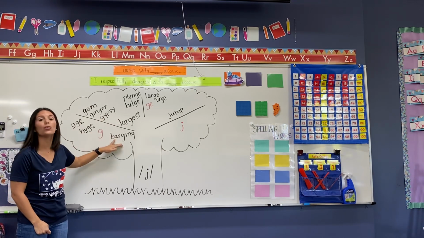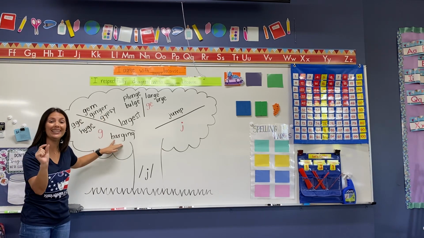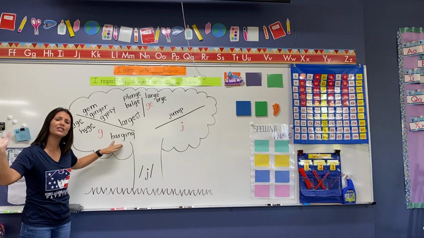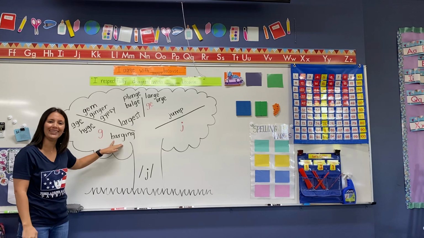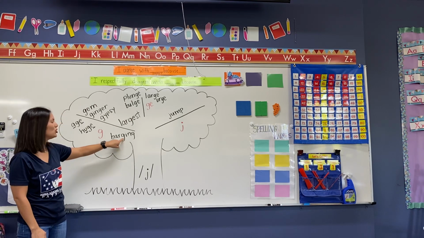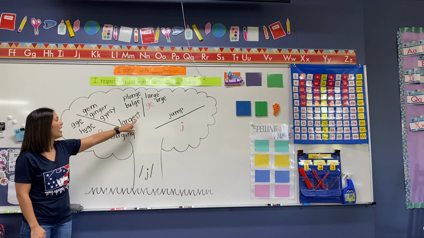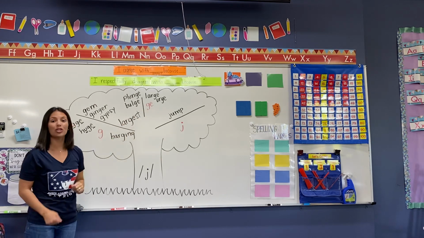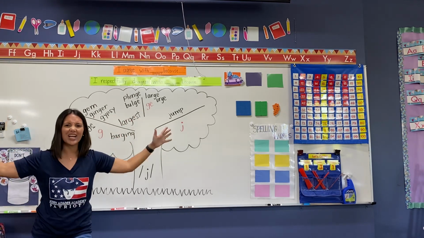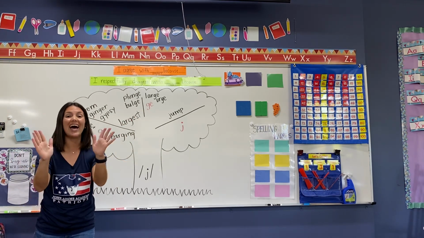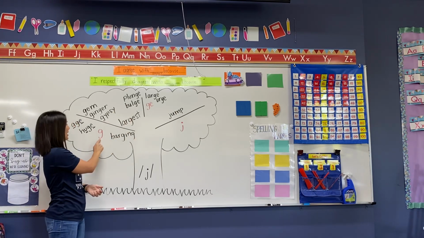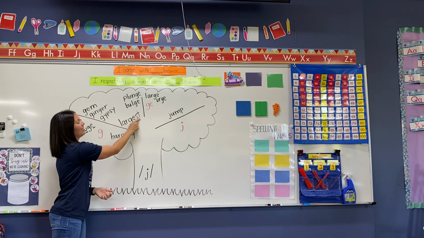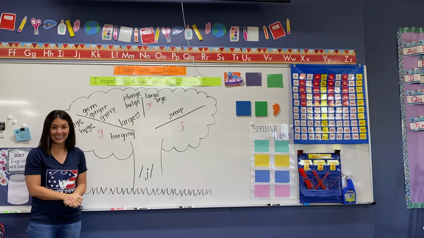If you have a word that has a GE and you want to add a suffix, an ending, you take away the GE and it becomes just a G. So here we have the word large, but I wanted to make it the largest. I wanted to add the suffix est. So I took away the GE, added one G, and added the suffix est.